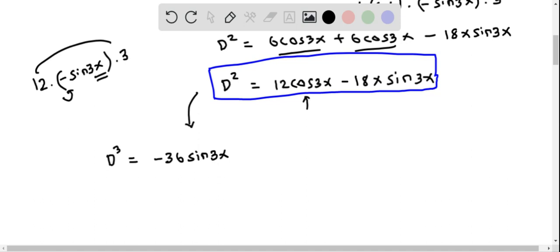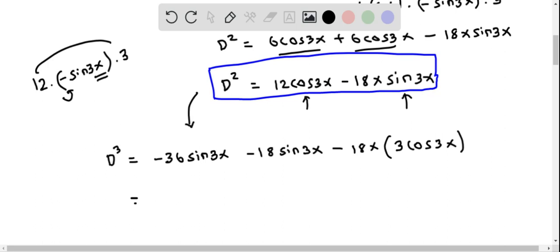Now let's find the differentiation of negative 18x sine 3x. The differentiation of negative 18x is negative 18 times the second term, sine 3x. And then I write the negative 18x as it is, and multiply with the differentiation of sine 3x, which is 3 cos 3x.